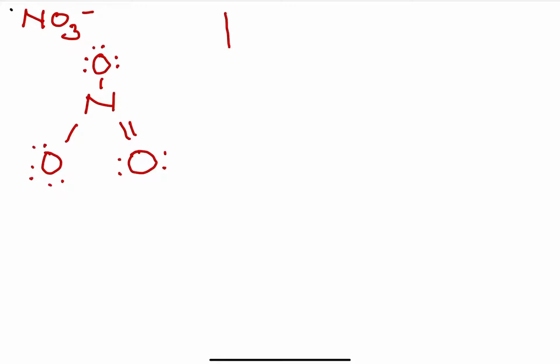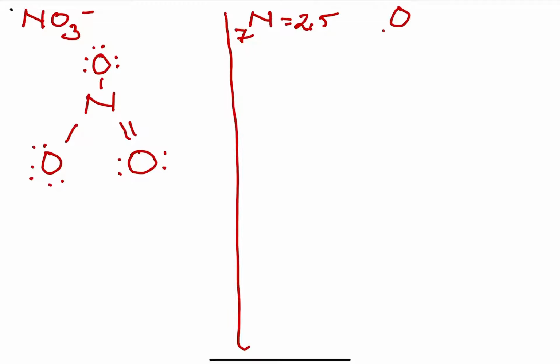Let's calculate the formal charge of each atom. Let's take nitrogen first. The electronic configuration of nitrogen is 2 and 5, and the electronic configuration of oxygen is again 2 and 6. For nitrogen, the number of valence electrons is 5, minus, open a bracket, electrons in lone pair.